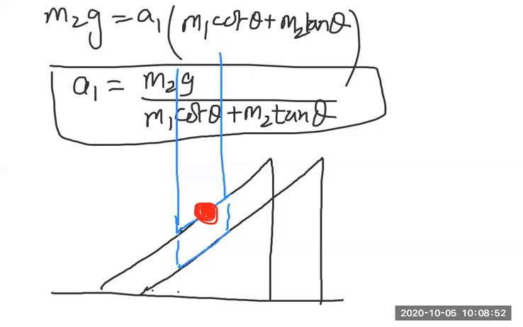The cylinder would have moved down. Let me draw it in green like this, and the wedge, let me draw it in yellow, would have moved to the right like this. What has happened to the red dot?